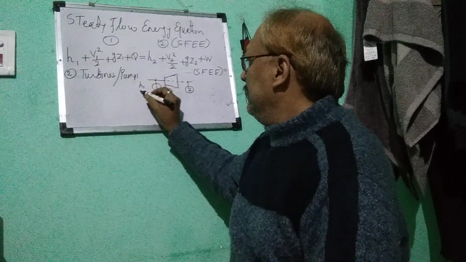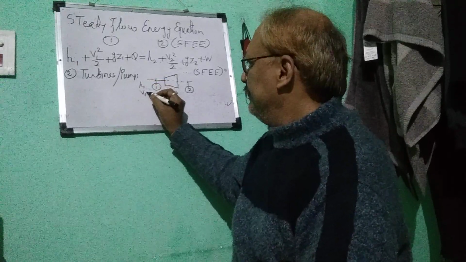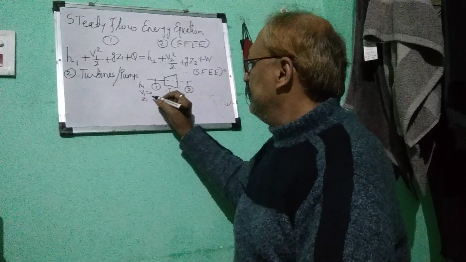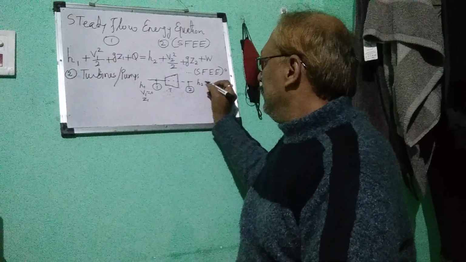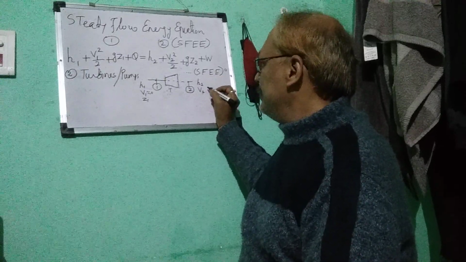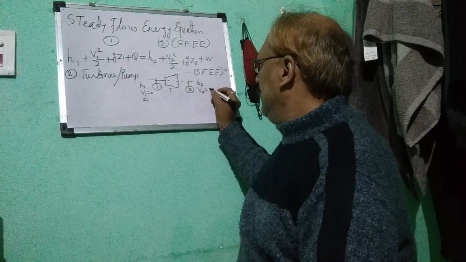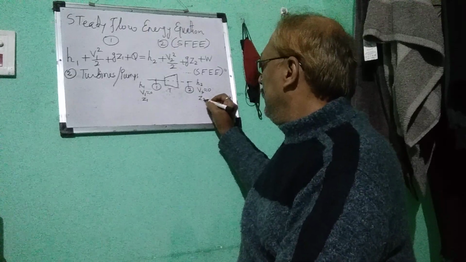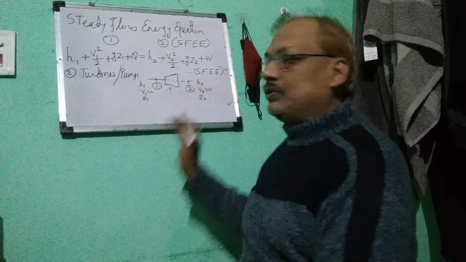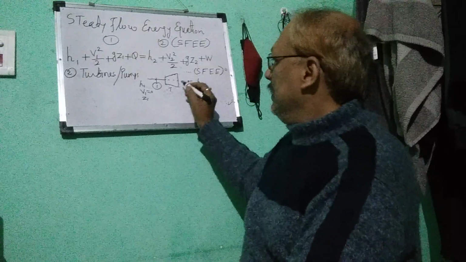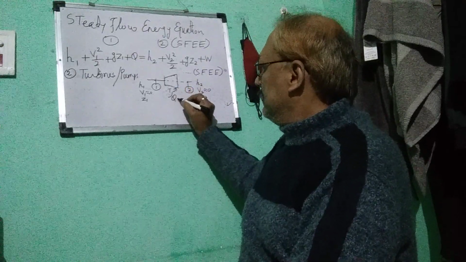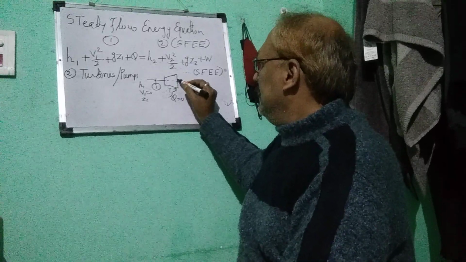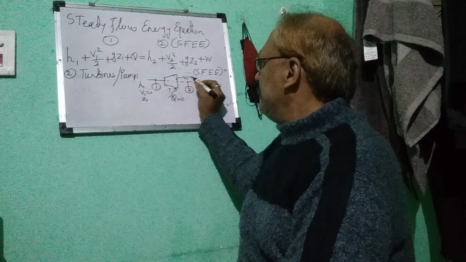Now let's discuss here. H1, V1 is almost 0. Z1 equals Z2, that will also cancel out. Here H2, V2 is almost 0 as compared to the enthalpy terms, and Z1 equals Z2, that term will also cancel out. Q equals 0, there is no heat transfer in a turbine, but W is not 0.